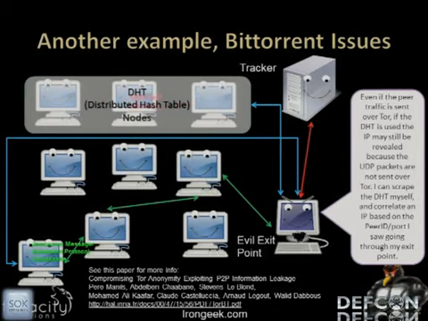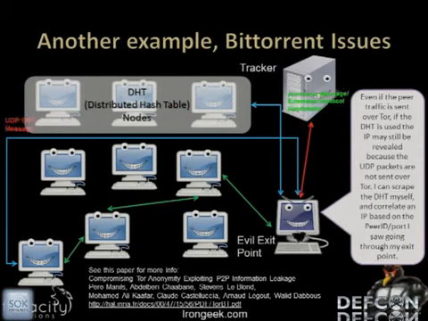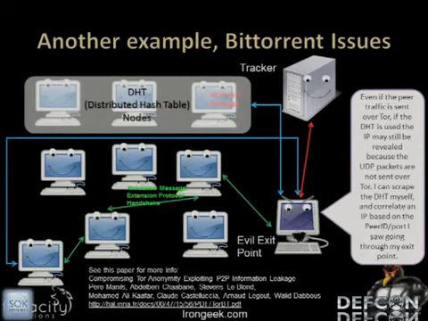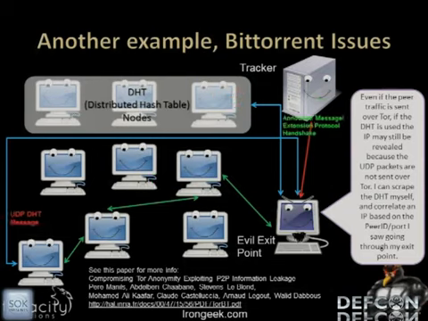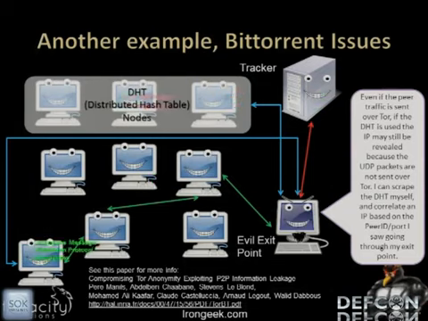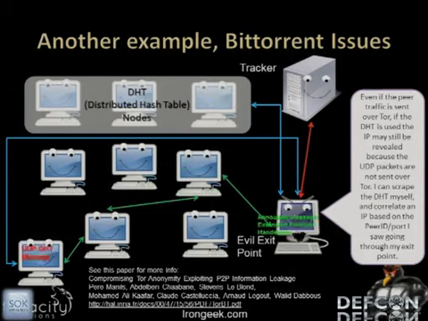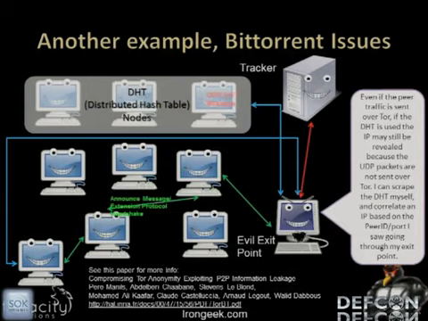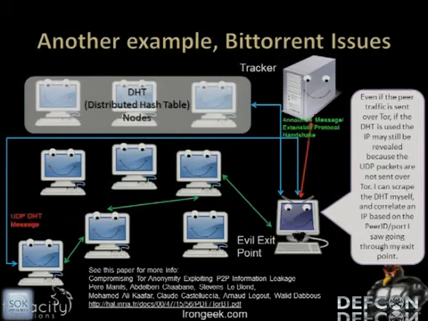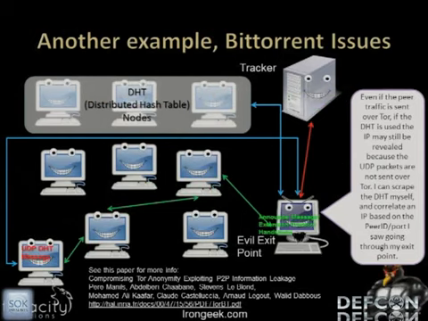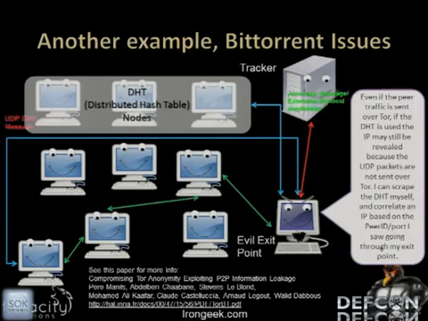So most people only configure the tracker for Tor use, not necessarily direct communication to other clients. But even if the peer traffic is sent over Tor, if the DHT, the distributed hash table, is used, the IP may still be revealed because UDP packets aren't sent over Tor. So you can scrape the DHT and find out who all is sharing that particular file based on peer ID and port ID.